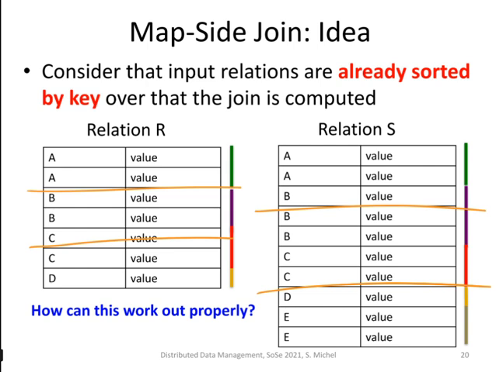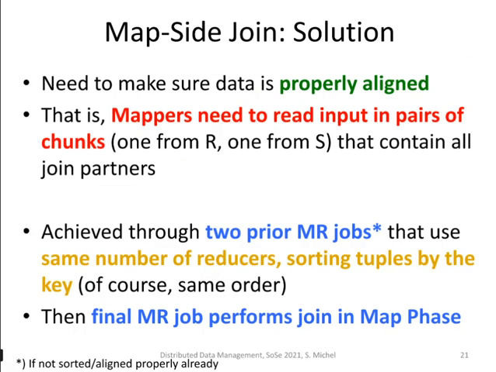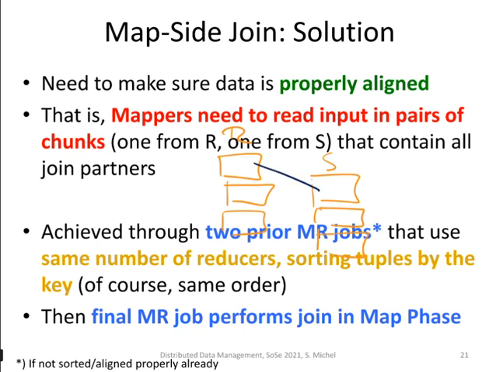The trick here is to properly align data. So you're making the chunks in a way, here for relation R and for relation S, you're making the chunks in a way that within the chunks these values are joinable, but not across these chunks. So these would be the way.